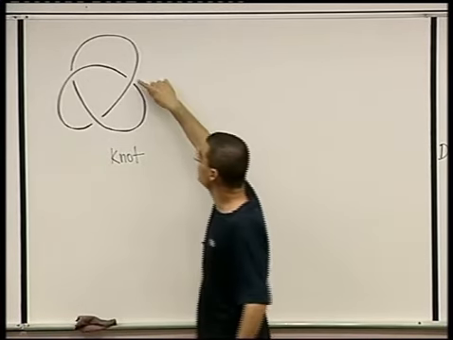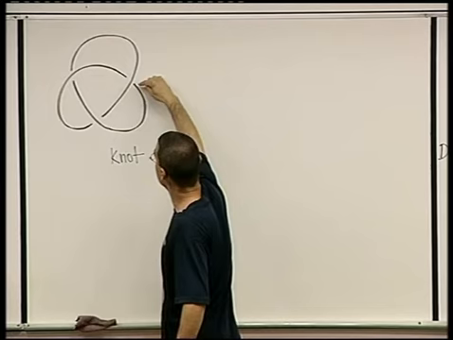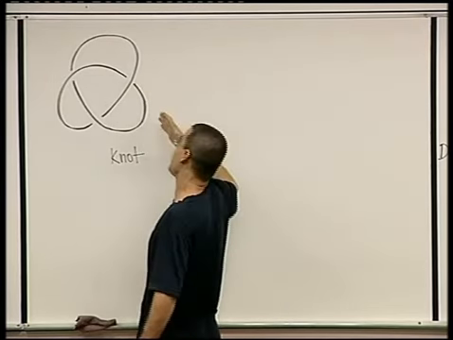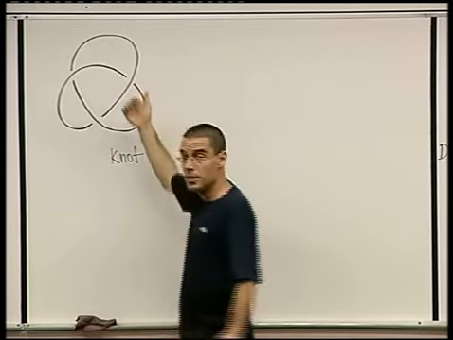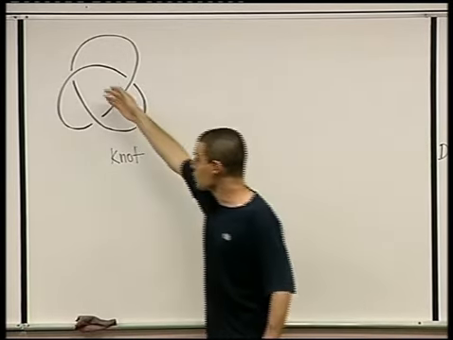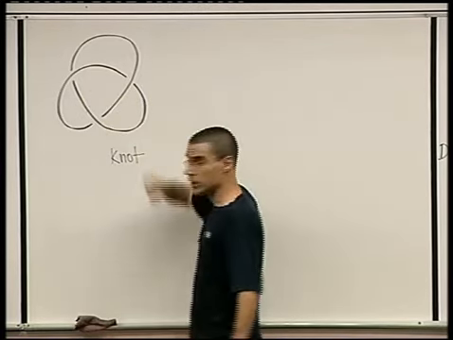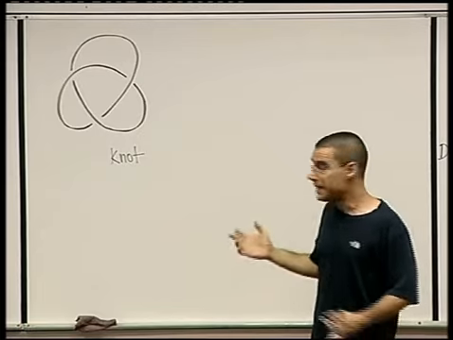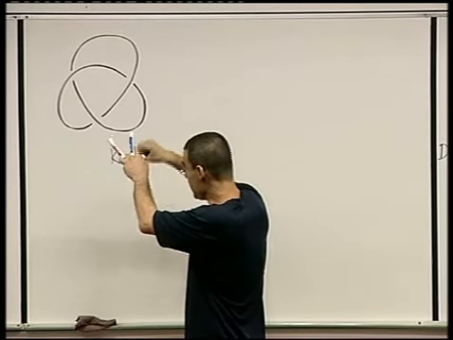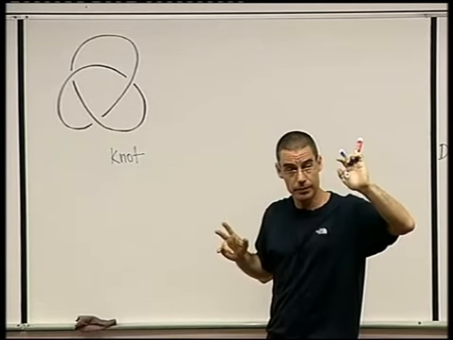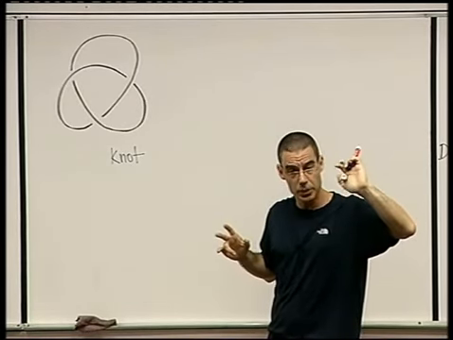So these intersections mean that the bold one goes in front and the broken one goes in the back. Okay? So if you think of a string that would look like this, it doesn't self-intersect, but you can't unknot it, okay, without cutting it. Okay, is that clear what I'm saying?